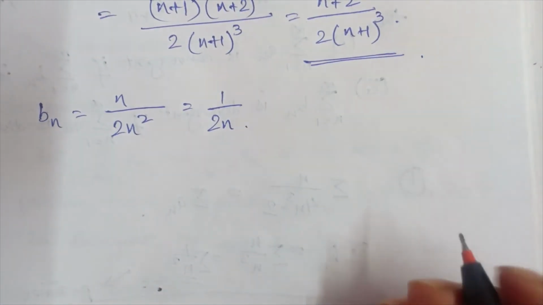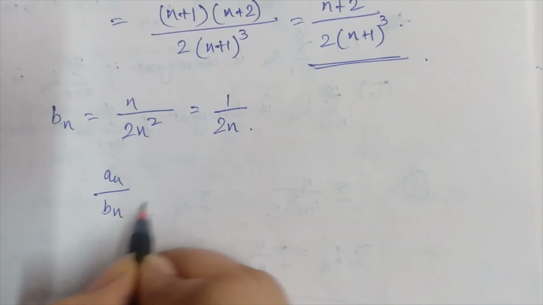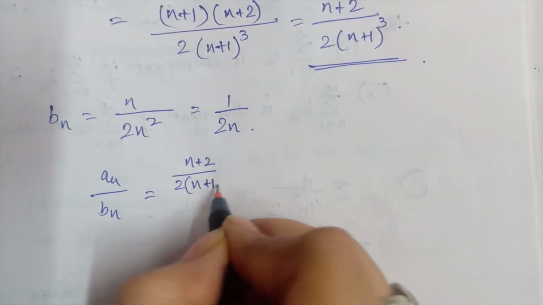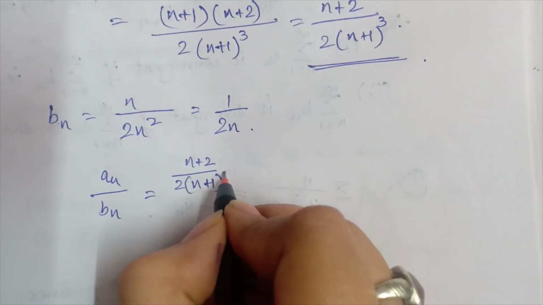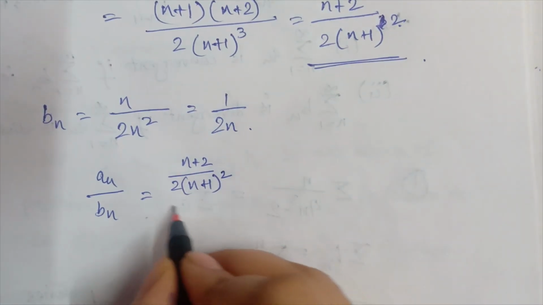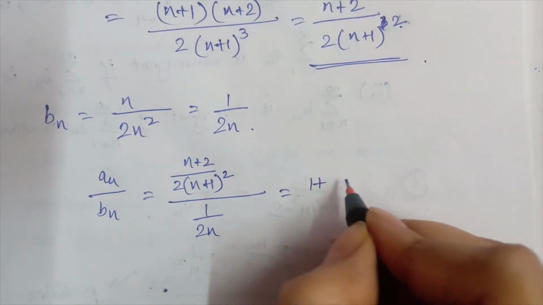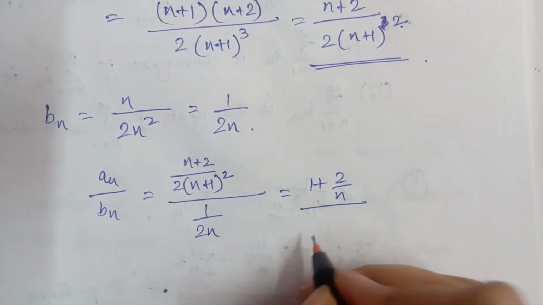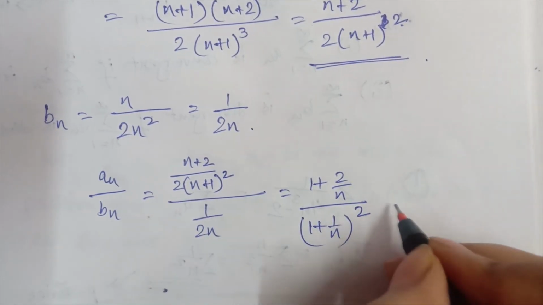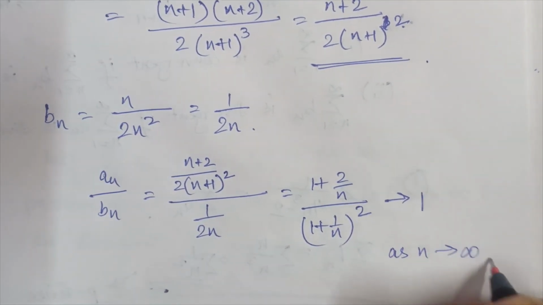Now comparing the series an and bn, we see that an by bn gives us n plus 2 by 2 into n plus 1 whole square by 1 by 2n, which equals 1 plus 2 by n by 1 plus 1 by n whole square. This tends to 1 as n tends to infinity.